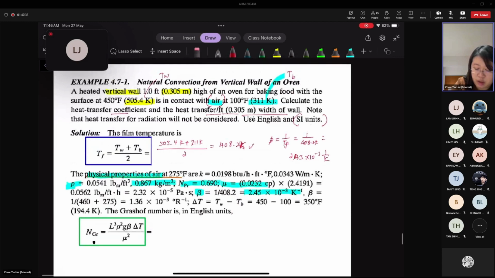So Grashof number is equal to the length of the vertical wall, which is mentioned as 0.305 meter, multiplied by the density, which we have to square. So density is 0.867 kilogram per meter cube. We square it, multiplied by 9.81 meter per second squared, then multiplied by the beta value that we found, 2.45 10 to the power of -3 per Kelvin, and then multiplied by the temperature difference.